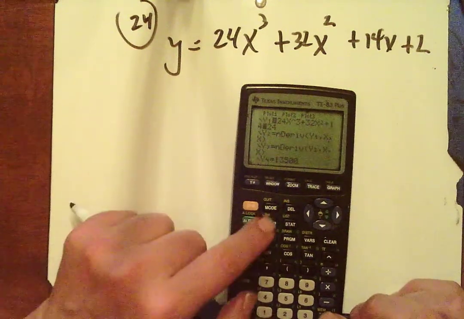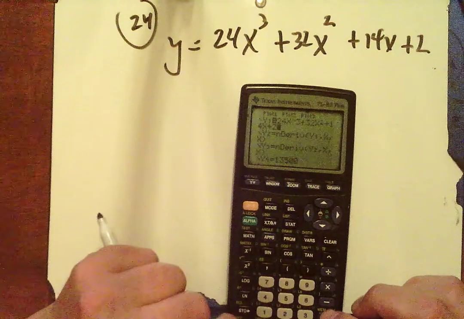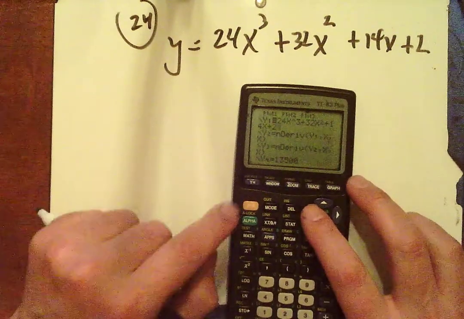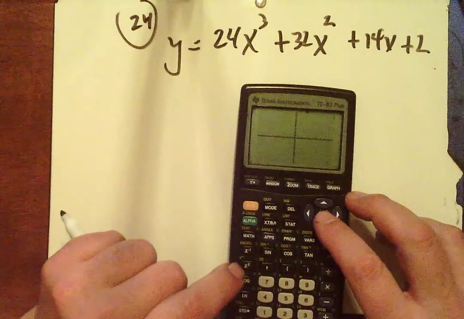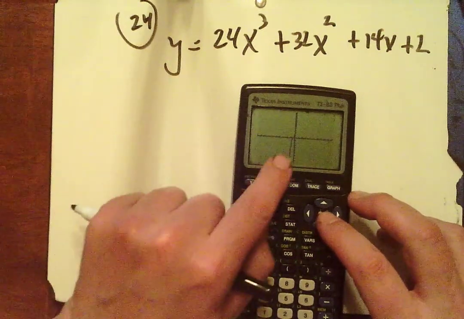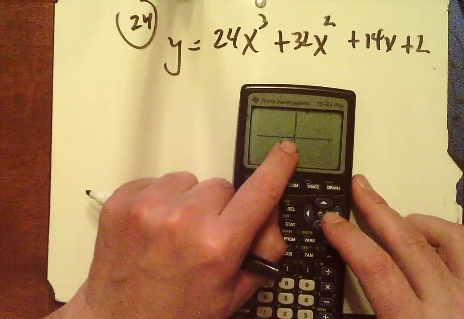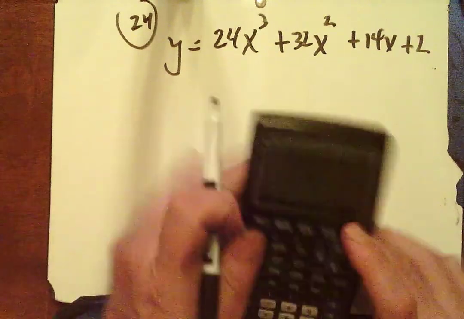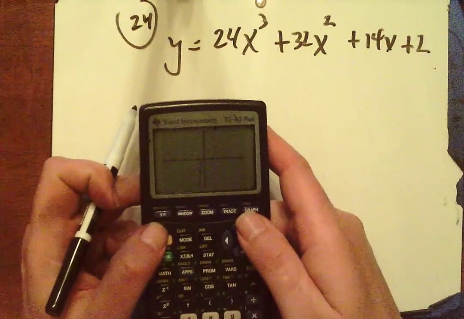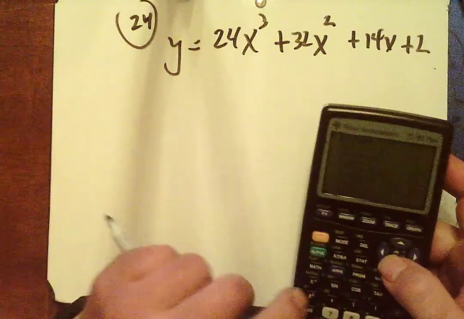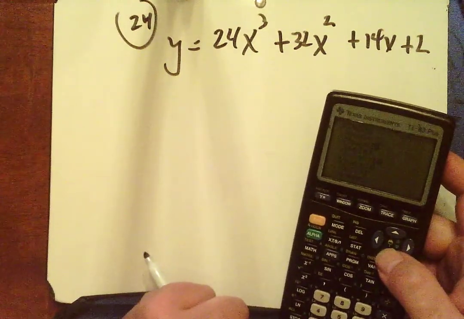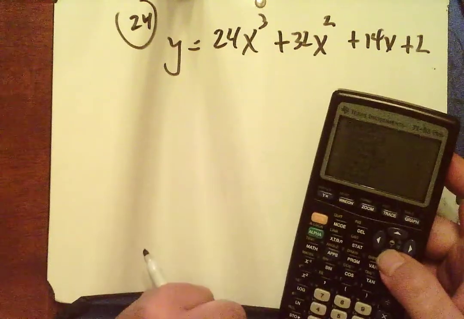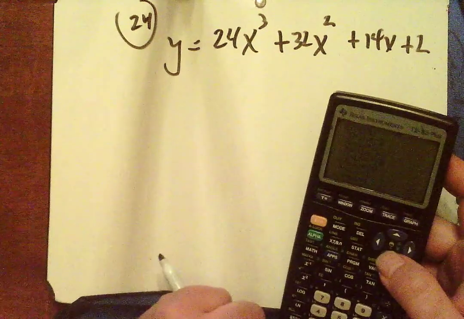Plus 14x plus 2. Okay, and if I graph that, is that negative 1/2? I think that might be negative 1/2. I'm going to change my viewing window. I'm going to go negative 2 to 2, and I want the scale to be 1/2.